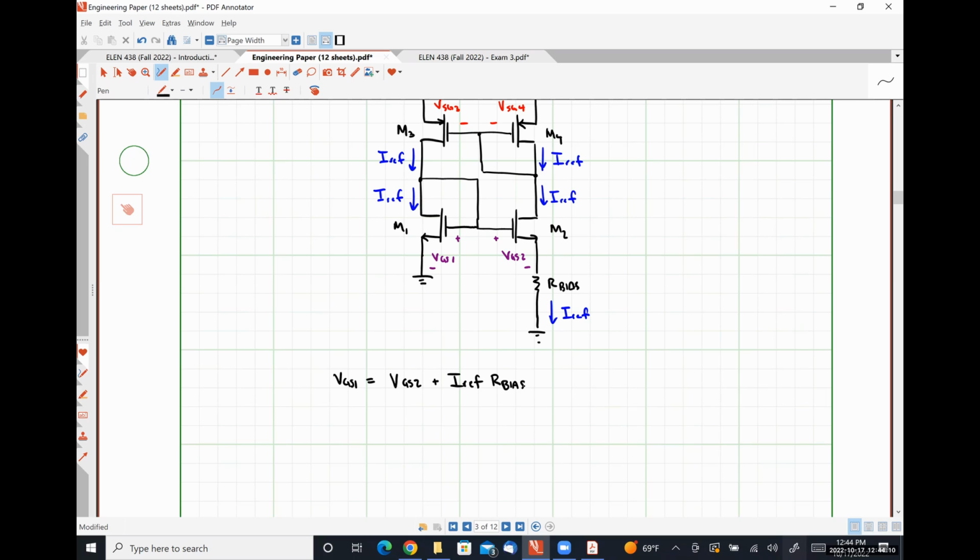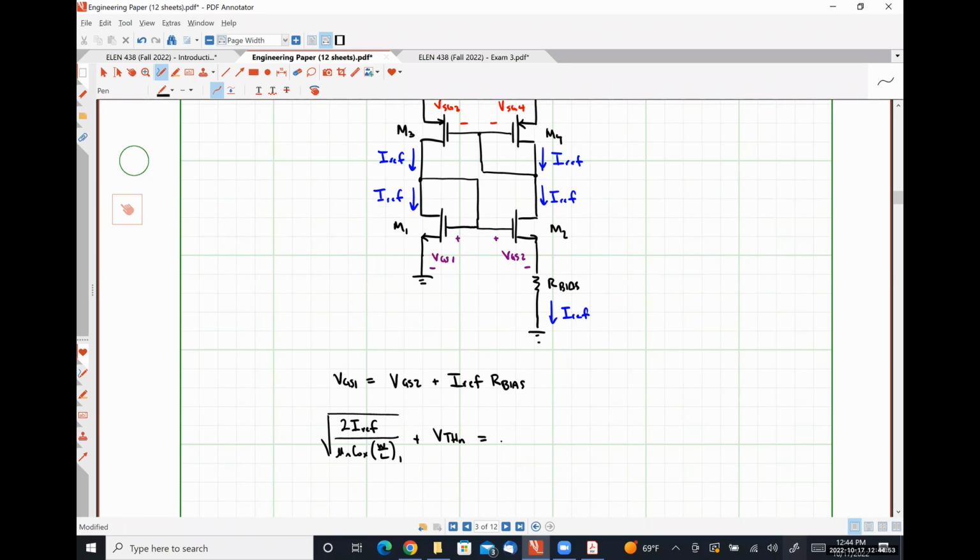Assuming that both of these transistors are operating in saturation, which M1 has to be because it's diode connected and M2 needs to be, or this doesn't work correctly, we are going to have the square root of twice IREF over mu n C ox W over L1 plus VTHN. Since we have both NMOS and PMOS transistors here, I'm specifying exactly which value that we're using.